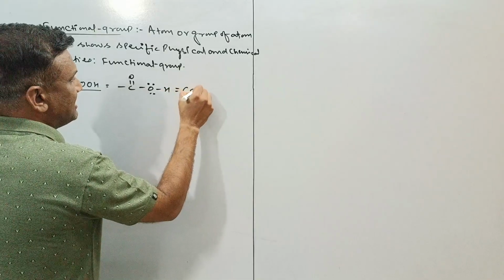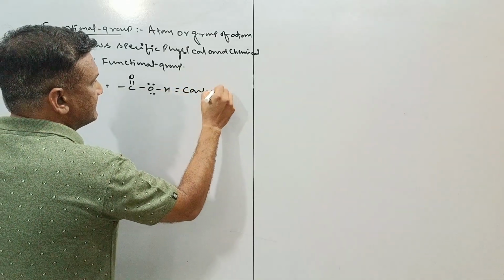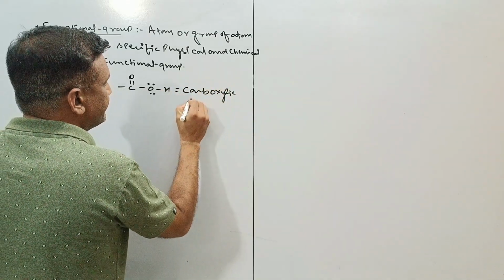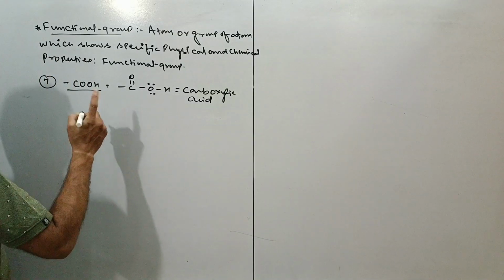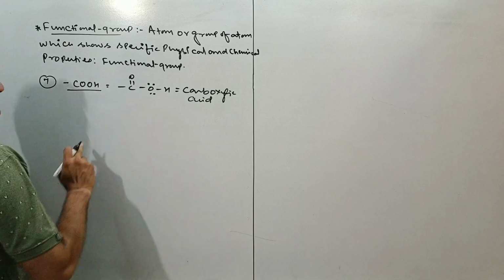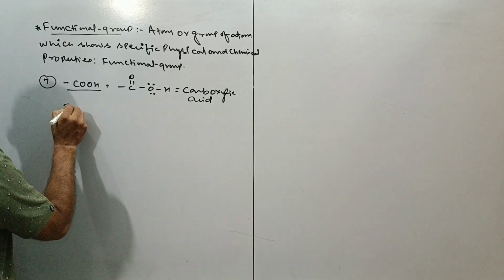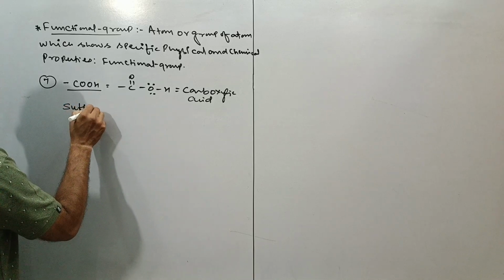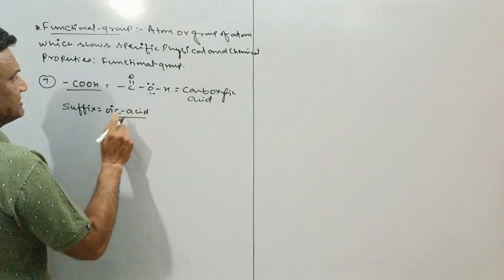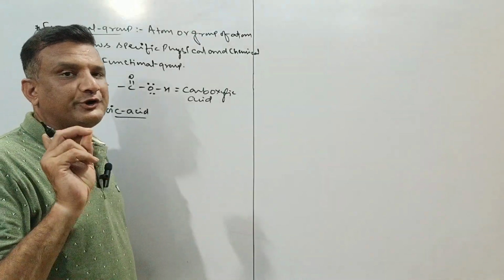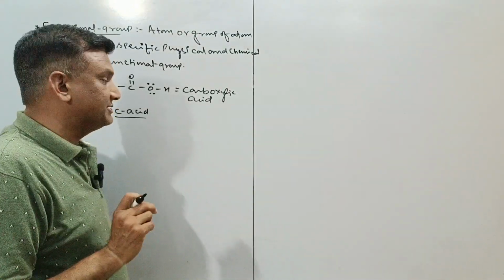This is called carboxylic acid. It has acidic nature. The suffix for this functional group will be oic acid. It's a carbon-containing functional group, so it will be counted in the nomenclature.